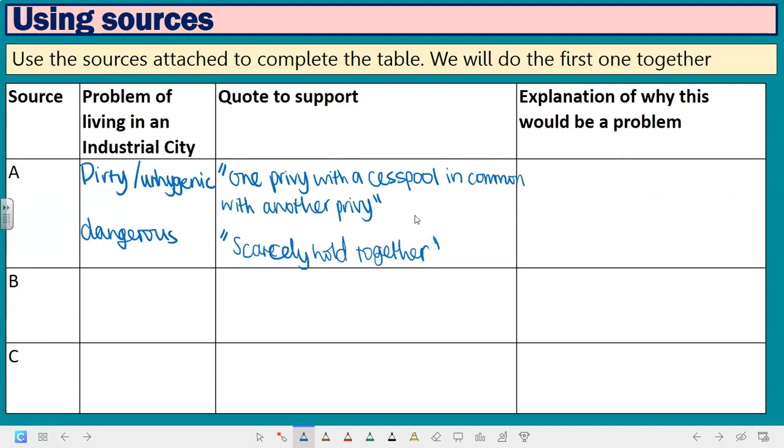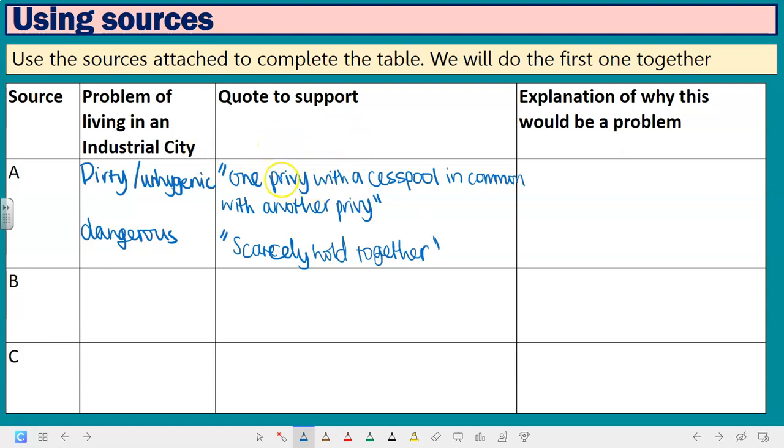Now, what we have to remember, this one privy with a cesspool in common with another privy, which was attached to another house. So that's two houses. Now, if you bear in mind that these houses could have maybe 30, 40 people living in them, because remember, we have one family per room on average, that's a huge amount of people using that toilet. And it's not being cleaned probably, it doesn't have any sewage to take it away.